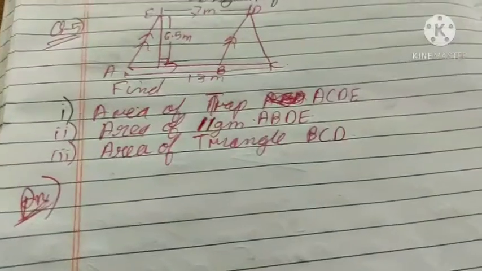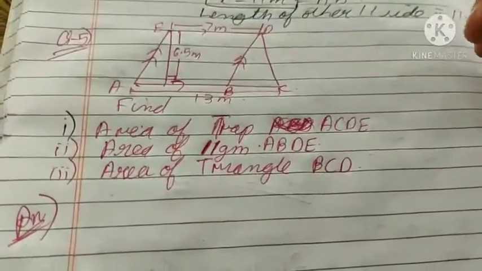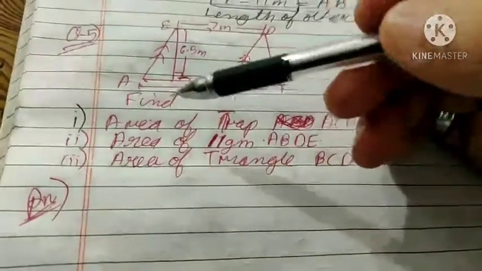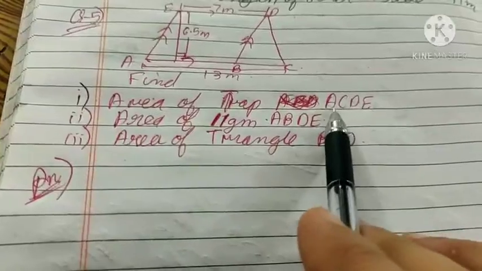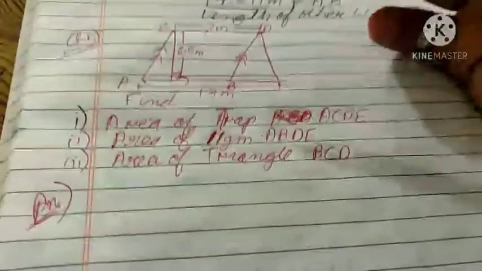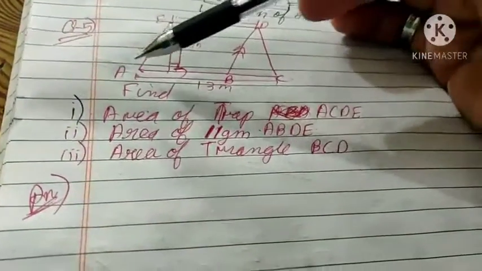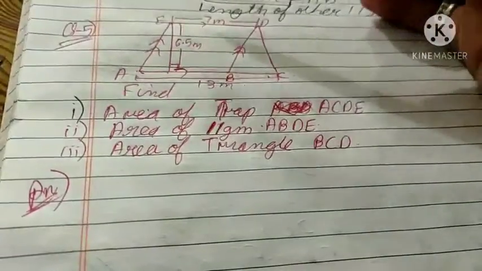Okay. This is our next question. In this question we have to find the area of parallelogram ACDE. The first part you have to do is we have to find the area of this complete figure.